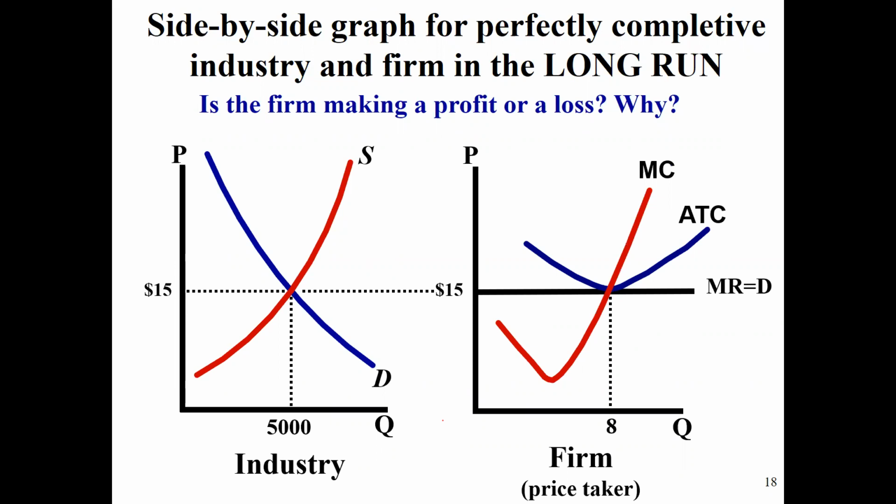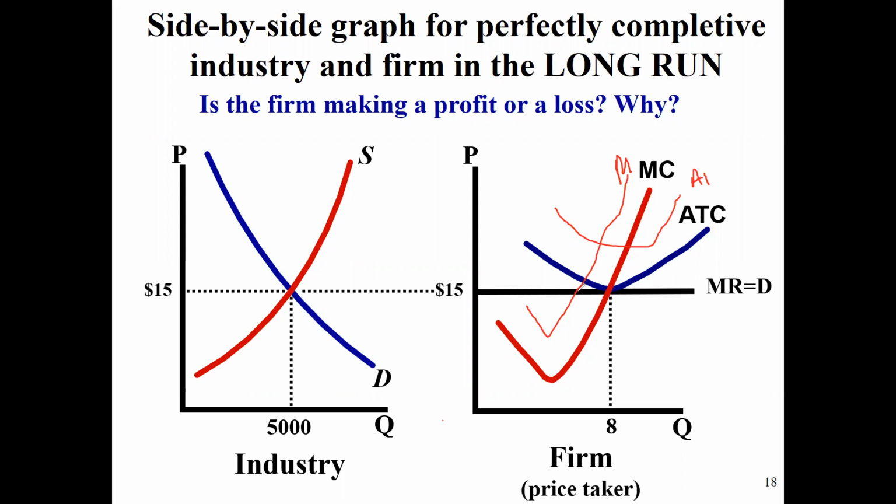And there you are. Now, I'm just going to show you if there was an excise tax on the firm, we would shift MC to the left, and ATC would move up here. So now, if you had this excise tax, what would happen?